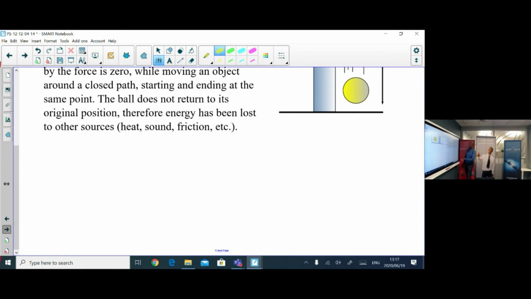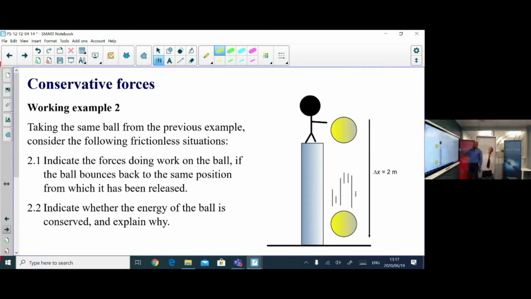forms of energy. All right, I need you to look at this. This is the one that I was just talking about. If you want to indicate the frictionless situation, for a frictionless situation, there's no friction, so there are no other forces acting against the ball. In other words, you have to keep on doing the same thing.